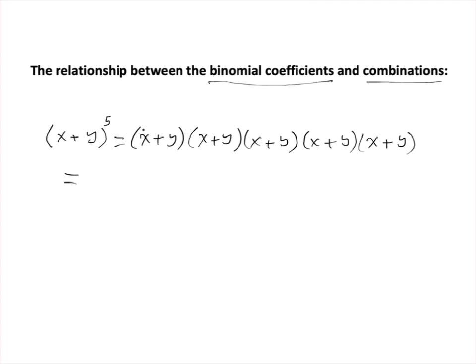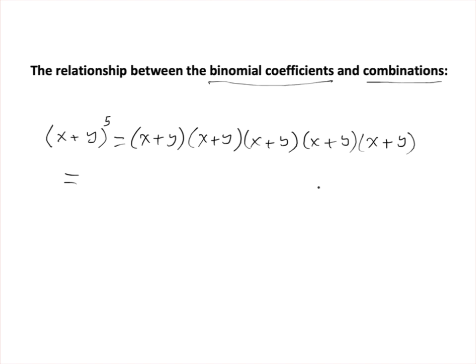No matter how you multiply all these together, you have to choose from each of these factors either the x or the y. For example, from the first factor, I can choose the x. From the second one, x. From the third one, y. From the fourth one, x. From the last one, y. And that gives me some power of x times some power of y.